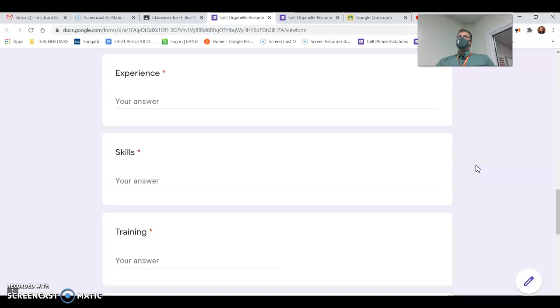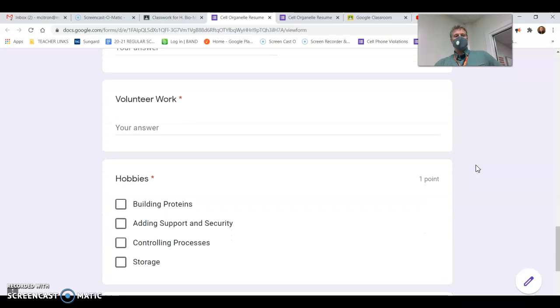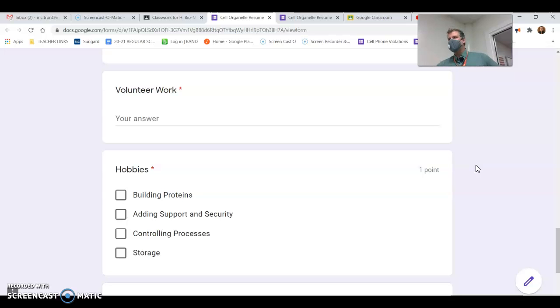Now you can be creative here. If you're talking about a nucleus, you can say, managed the entire lung system, looking to move up to hearts. You can be creative, that's fine. You can have a little bit of creativity in the experience, skills, and training section of this activity. Volunteer work is 100% creative. Have some fun.